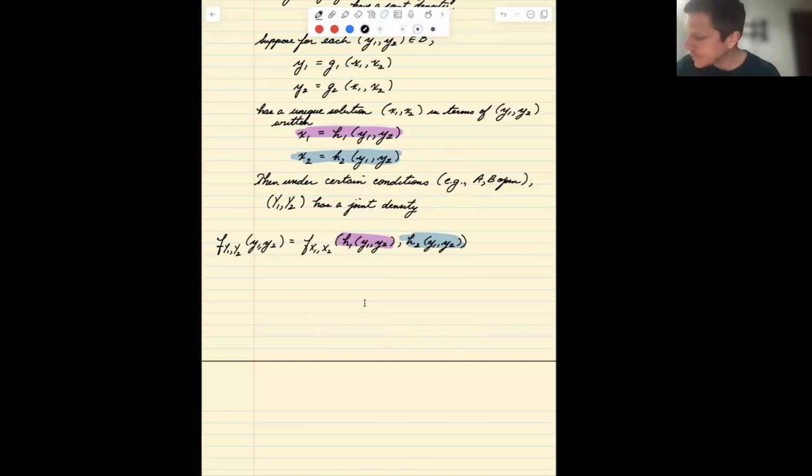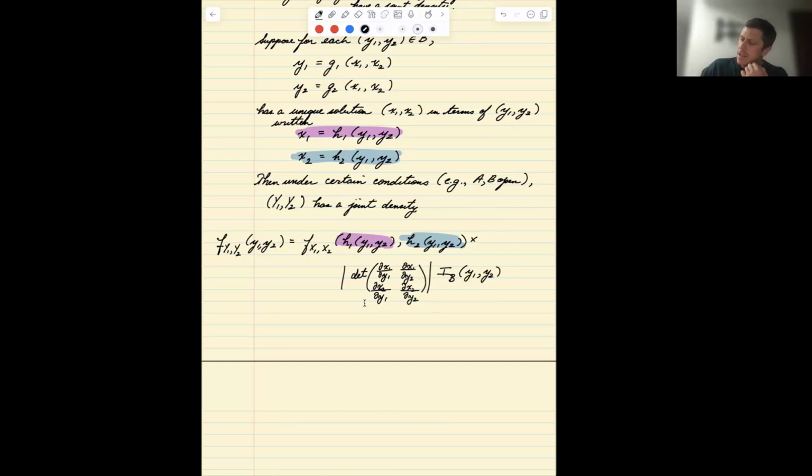Times the absolute value of the determinant of, so it's called the Jacobian, the matrix of partial derivatives: derivative of x1 with respect to y1, derivative of x1 with respect to y2, derivative of x2 with respect to y1, derivative of x2 with respect to y2. Times the indicator that y1 and y2 are in the region B.